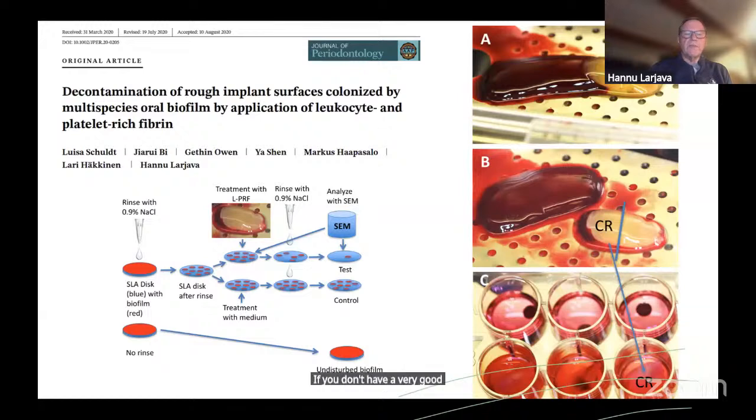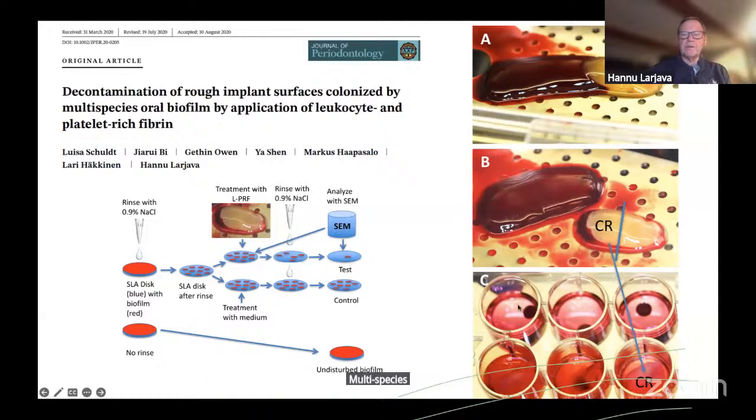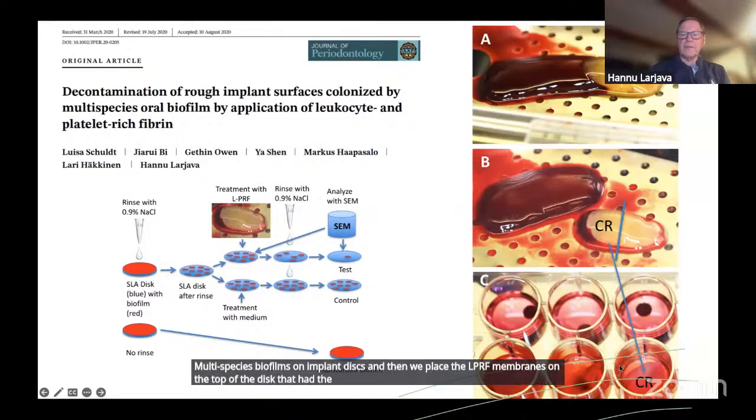So we were doing an in vitro experiment where we cultivated multi-species biofilms on implant discs, and then we placed the LPRF membranes on the top of the disc that had the bacteria present, and then we were looking at what is the effect.